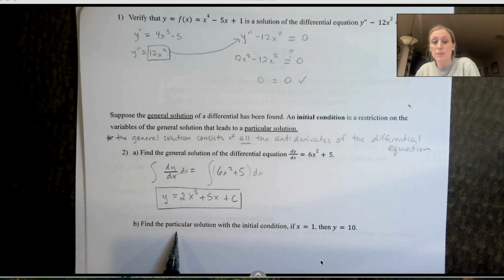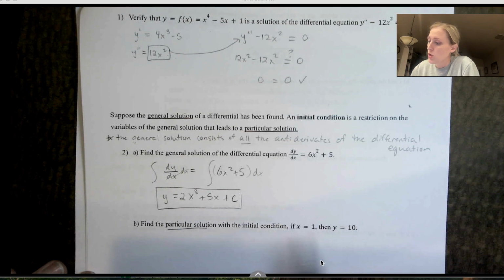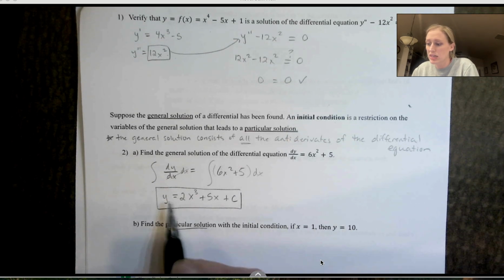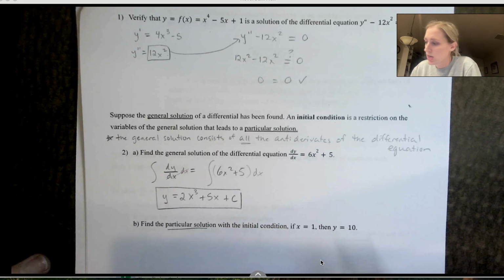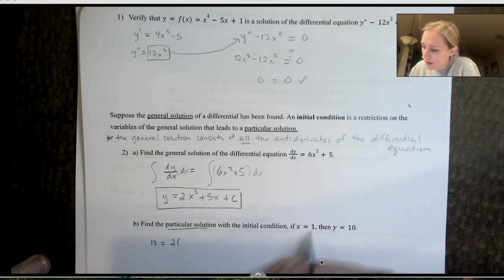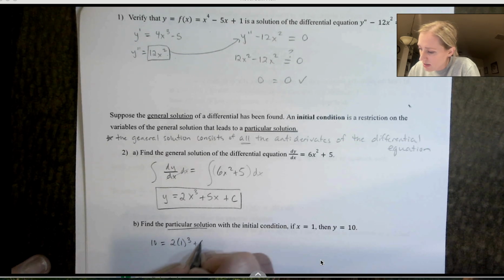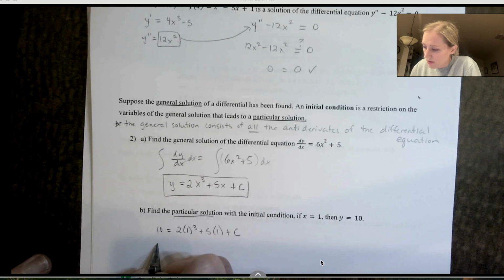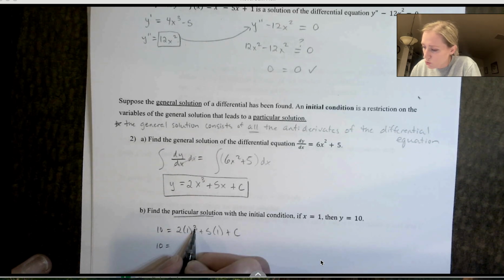Now they're asking me to find a particular solution with this initial condition. So now I'm given an x and a y to plug in here, and I can solve for c. So y is 10, x is 1, and we are solving for c. So let's see, we've got 10 equals 1 cubed is 1 times 2 is 2.